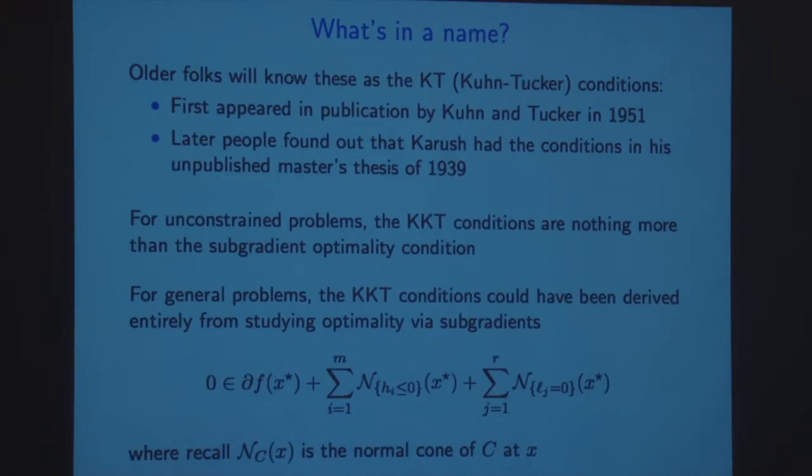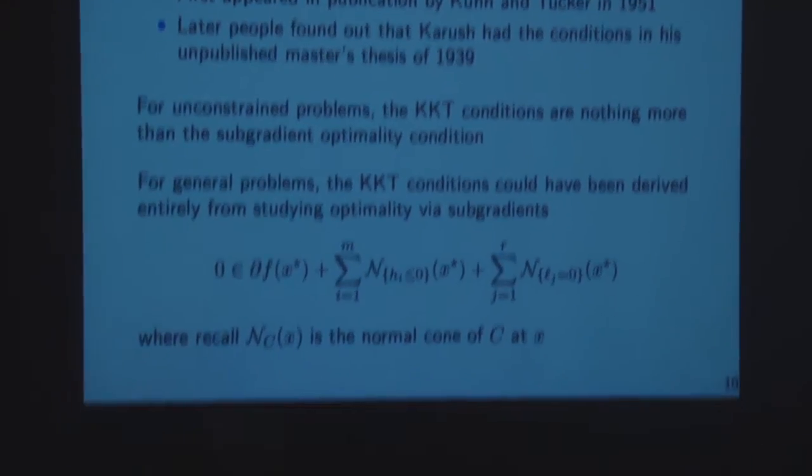And then people found out later on that a master's student, Karush, had these in his master's thesis in 1939, so a lot earlier. So to give him credit, now the community has appended his name to the front, so it's known as the KKT conditions, Karush-Kuhn-Tucker. So for those of you who are master's students, you now have a goal to set for your master's thesis. And for those of you who are PhD students, you know what you have to surpass with your thesis.